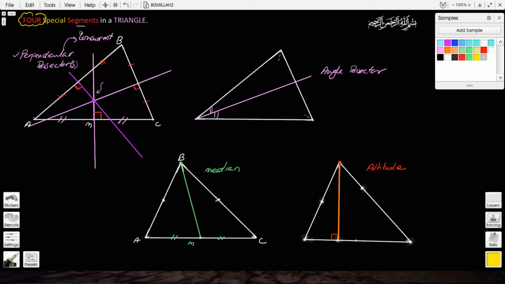So the three perpendicular bisectors of a triangle are concurrent. And the point that they meet up at, that's called the point of concurrency. So the point of concurrency right there.